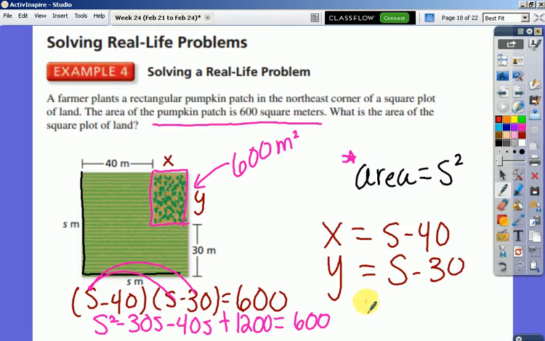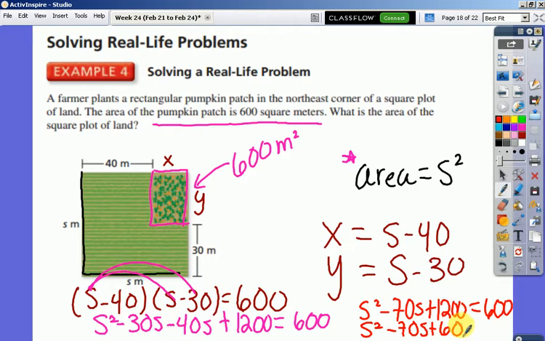So this is s squared minus 70s plus 1200 equals 600. Then you want to subtract 600 from both sides. You get s squared minus 70s plus 600 equals 0.